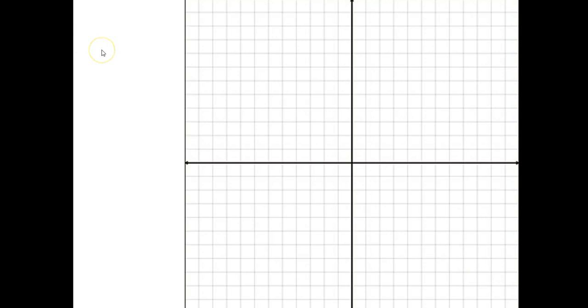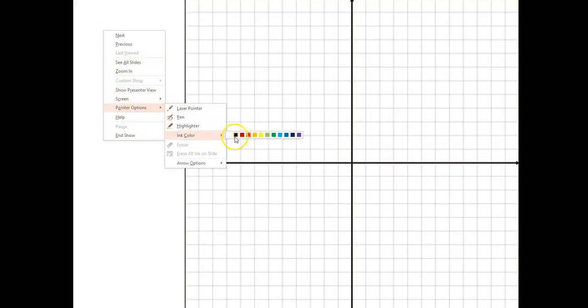All right, let's do another example. (x plus 2) quantity squared plus (y minus 5) quantity squared equals 16.